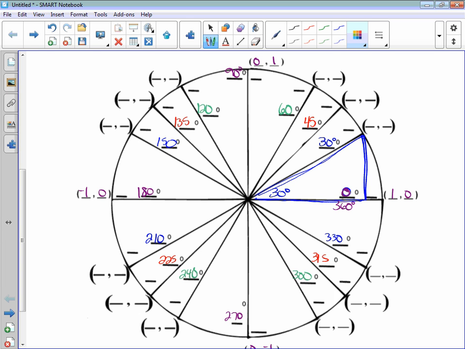You just told me what the other two sides were. What's this little short side over here? 1/2, and what's the long side? √3/2. Okay. Do you see how this is an x value and this is a y value? Okay, so your ordered pair is √3/2, 1/2.